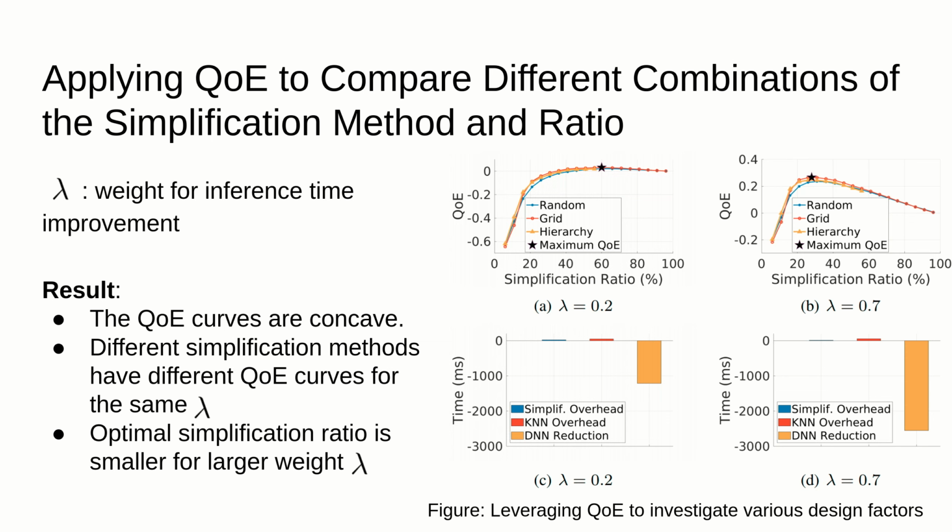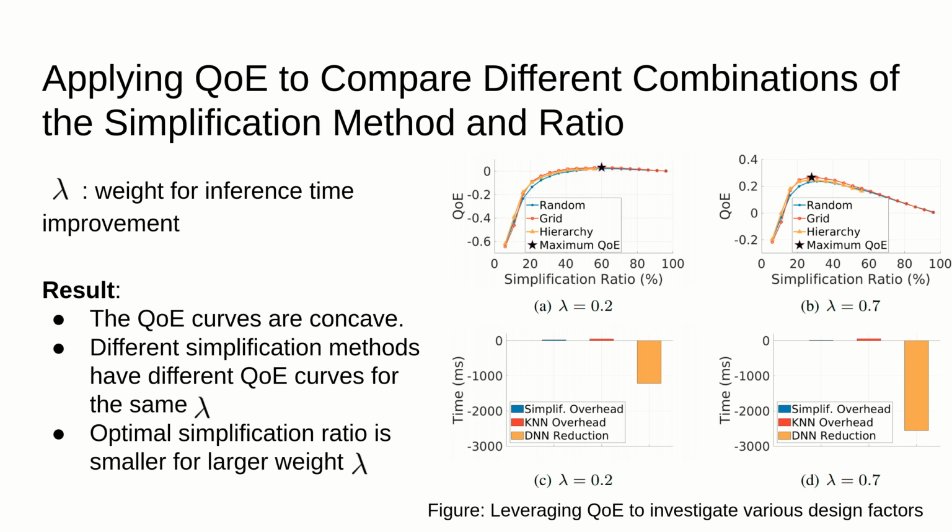The second row plots the actual processing time for the data simplification and the KNN, and the reduction of DNN time for the combination of simplification method and ratio that achieves the highest QE for each lambda.